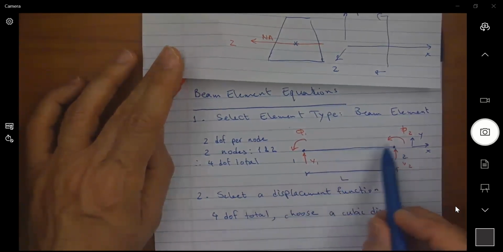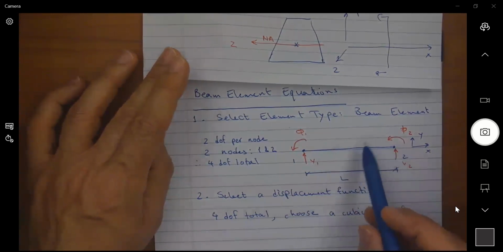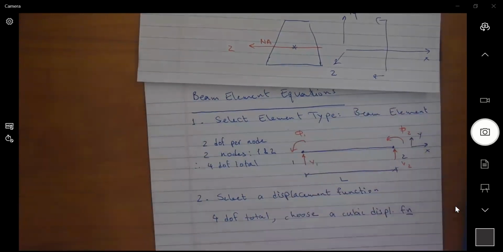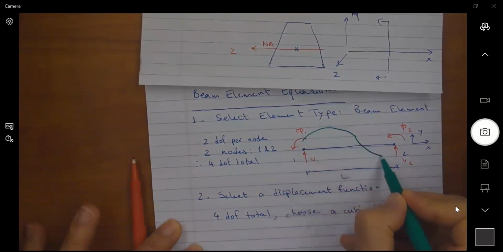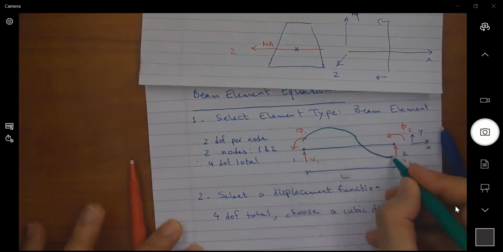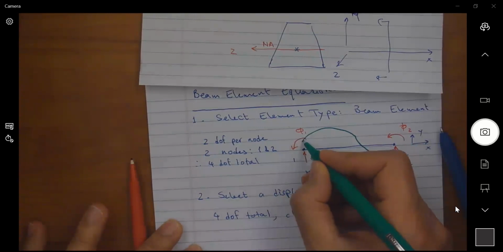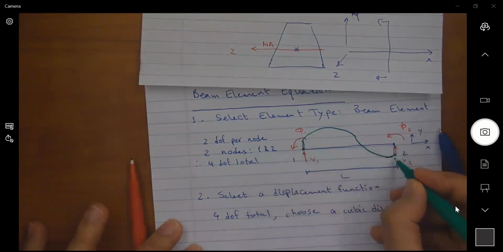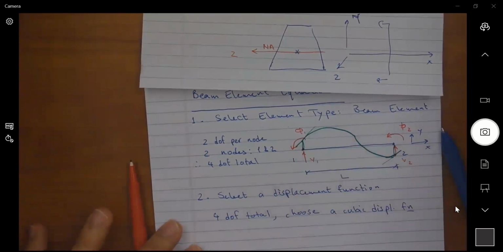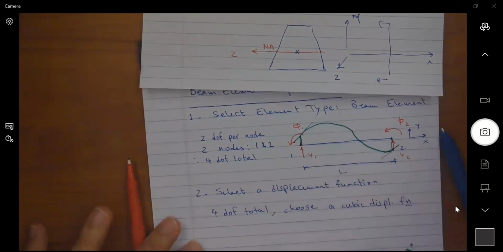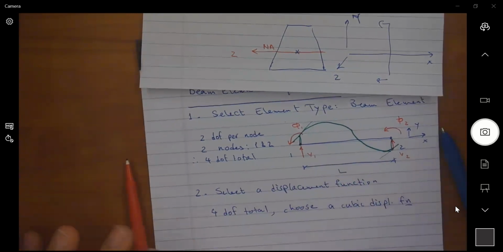Now, of course, when I mention displacement here, the displaced shape of the beam may look something like this, where you see here I have a V1, here I have a V2, and at each of them, I do have an angle. Now, when I look at this displaced shape of the beam, what kind of function is needed to describe that?